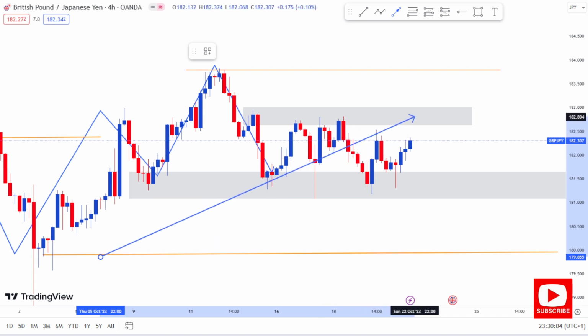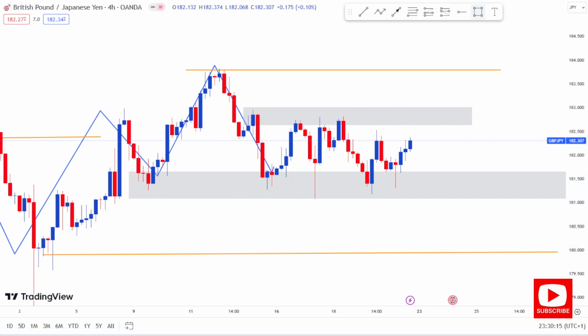We have to wait for it to come here and give us either a break of the resistance. And when I mean by break, I told you guys the only time we classify a break of anything in the market is when the body of the candle breaks the structure, breaks the zone or the structure.